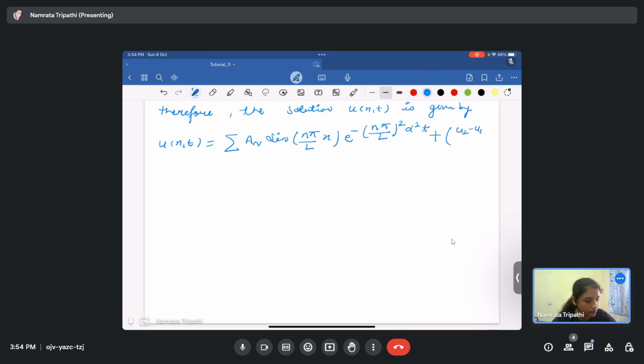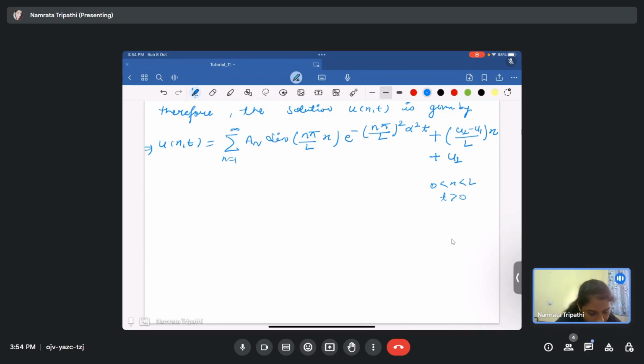(U2 minus u1) upon L into x plus u1. So this is the solution for u(x,t).